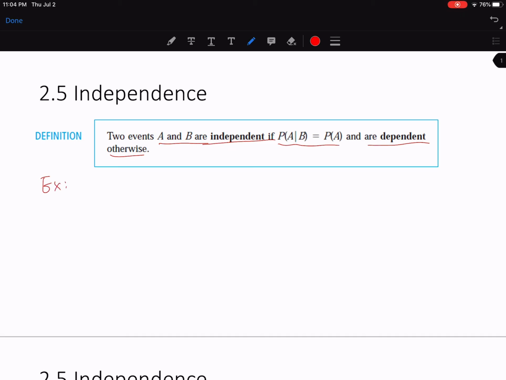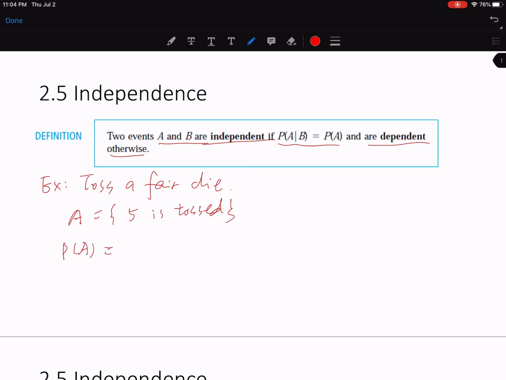Example. So I will say toss a fair die, and I will say that event A is representing that 5 is tossed. So what's the probability of A here?